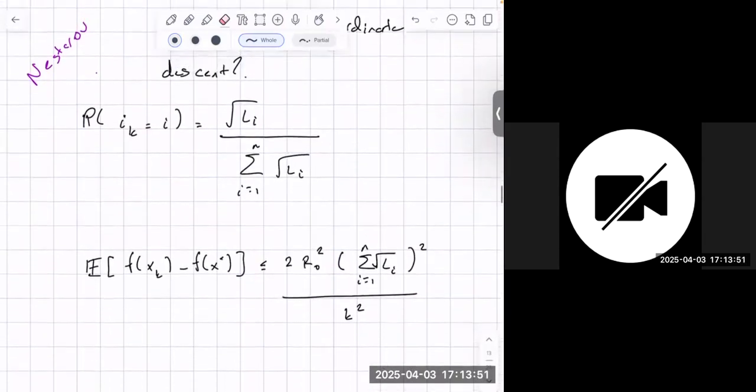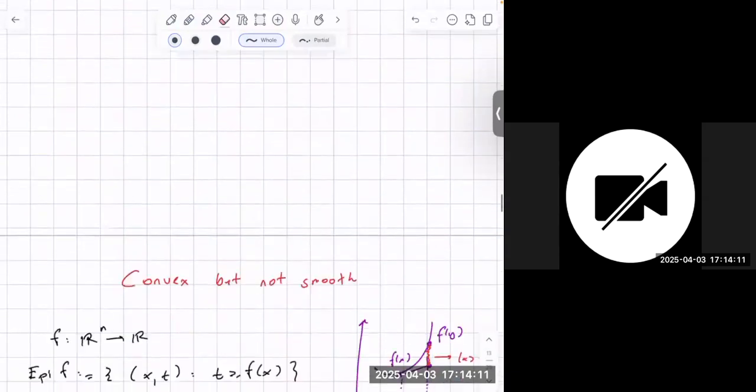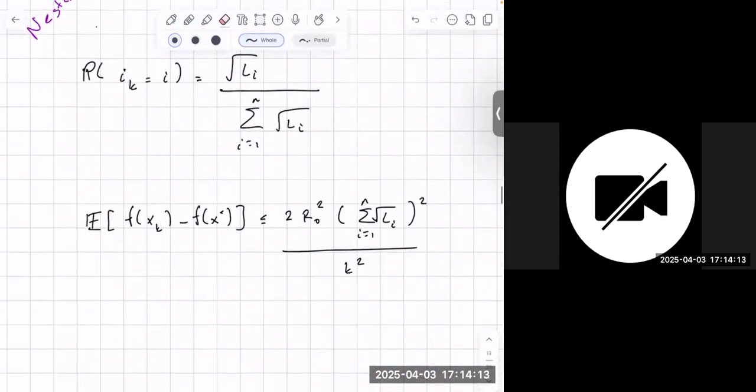And then his guarantee is this. He goes from the summation of them to the square root, but this is the main gain. He manages to, again, change that number of steps to squared. It's much quicker convergence. Okay, I think that should be the end of coordinate descent.